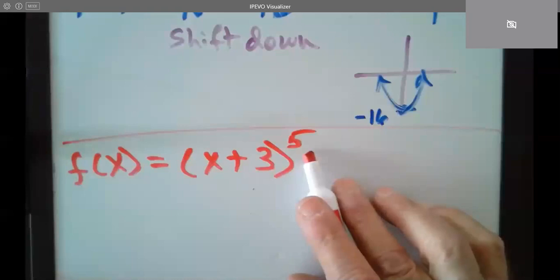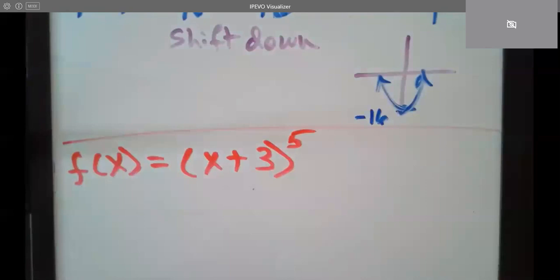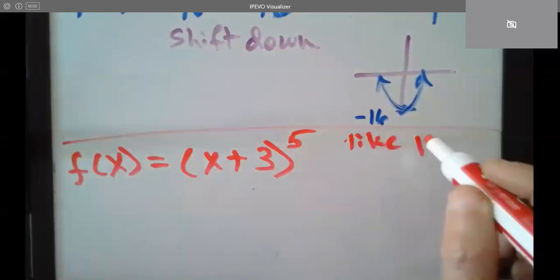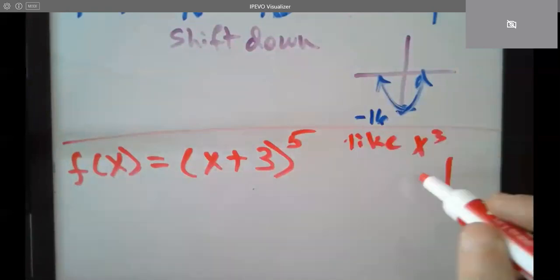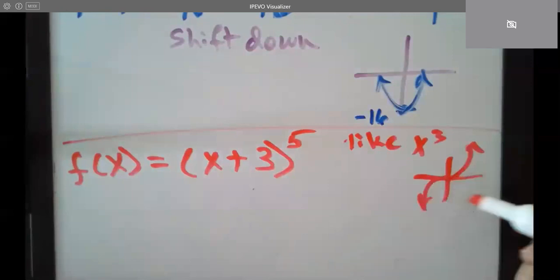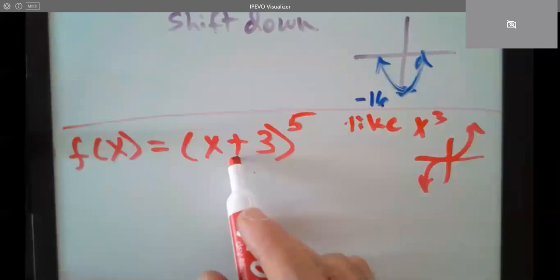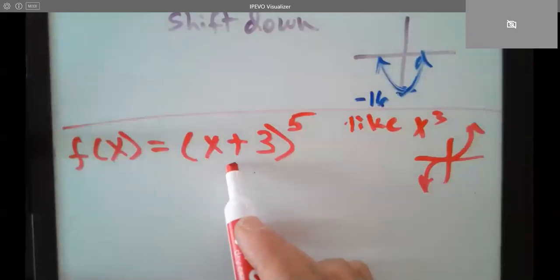X cubed, yeah, because 3 is odd, right? X cubed is odd. So it's going to behave like x cubed. Well, x cubed is up and to the right and down and to the left. So you have to get down the parent graph. Is it like x squared or x cubed? Did it flip or did it not flip? Okay, here's our shift. Which way? It's going to shift 3 spaces, but is it going to shift 3 up, down, right, or left?